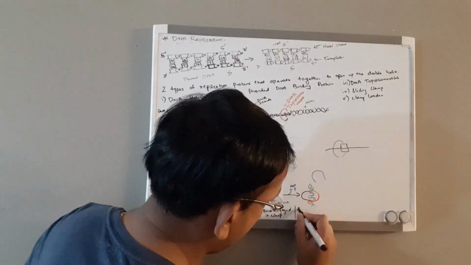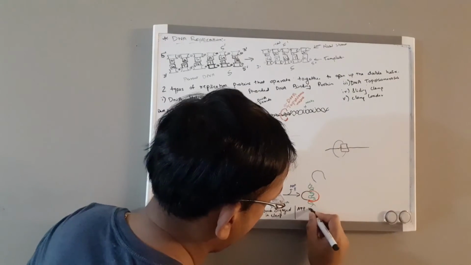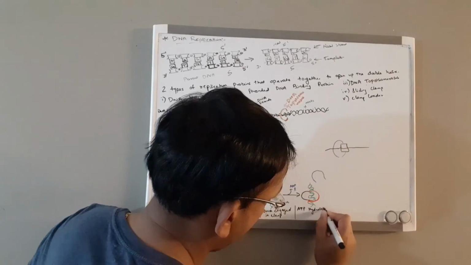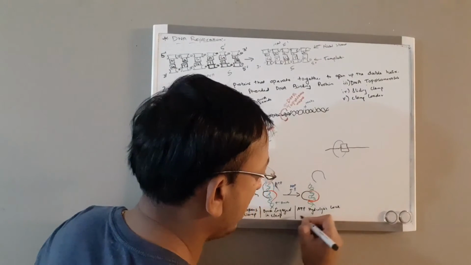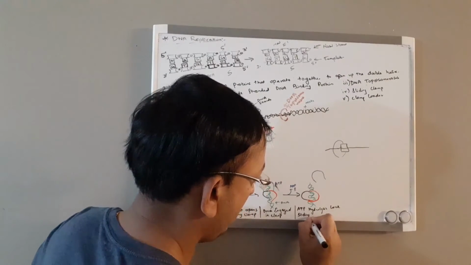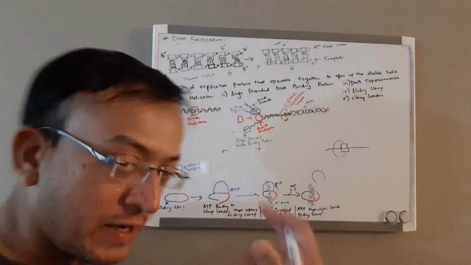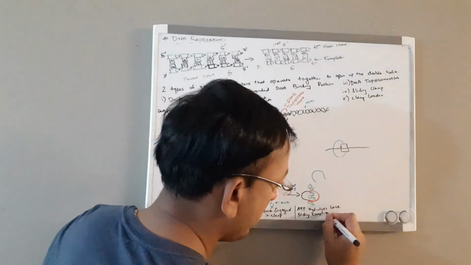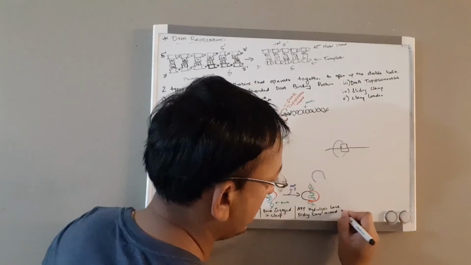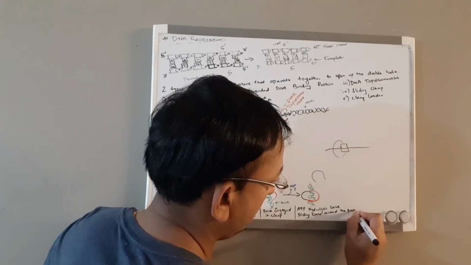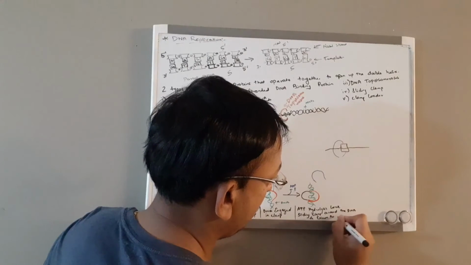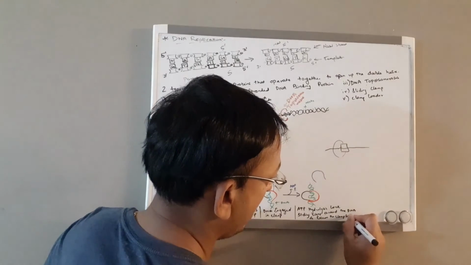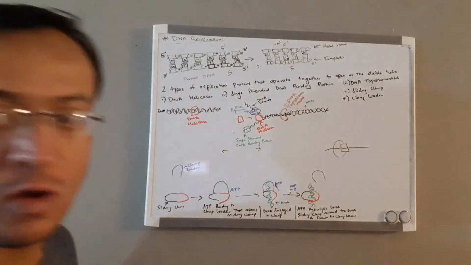So what happens? The ATP hydrolysis will lock the sliding clamp around the DNA and releases the clamp loader, right?